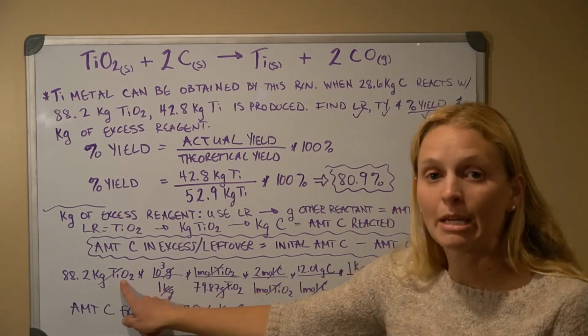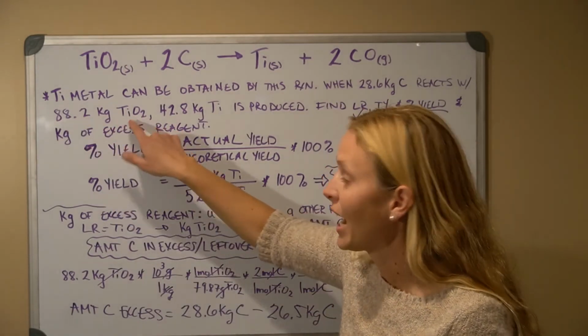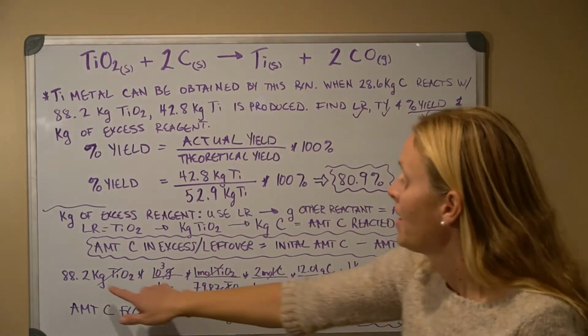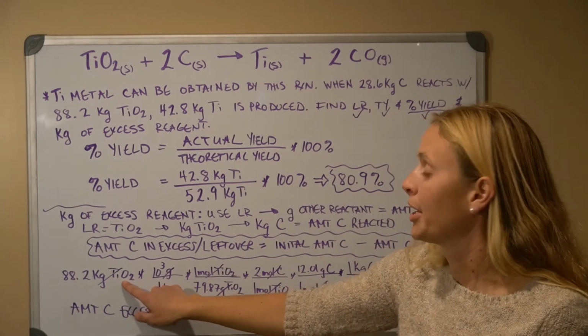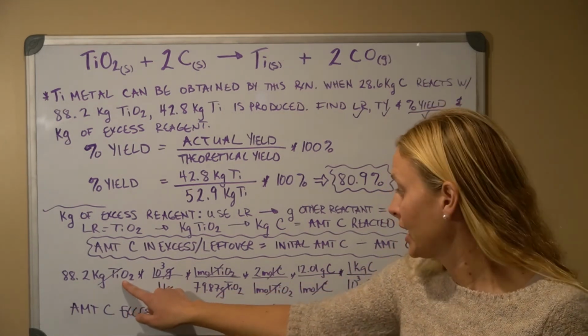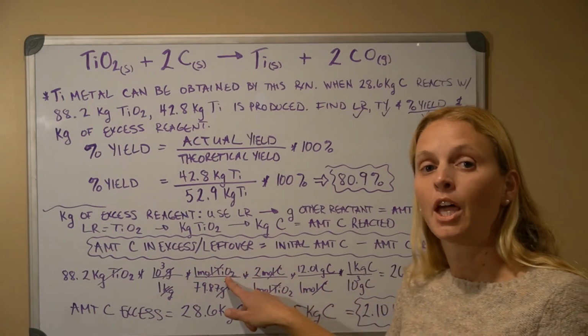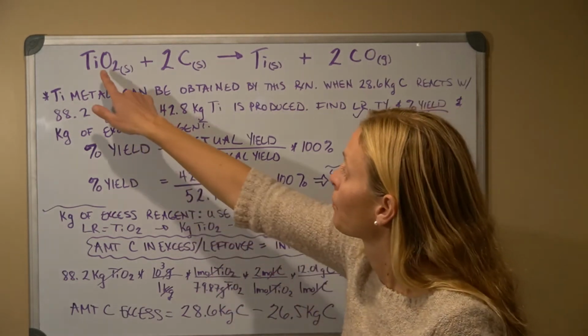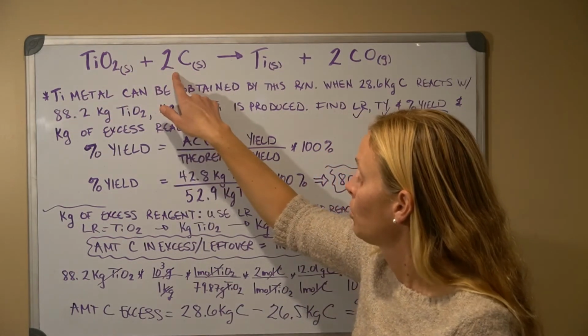All right, so my titanium oxide, this is my initial amount. I'm starting with my limiting reactant information that I have. So this is kilograms of titanium. That was the limiting reactant. I'm going to go to moles of the titanium using the molar mass here. I'm going to use the mole ratio to go from titanium to carbon, so that's a 1 mole to 2 mole, okay?